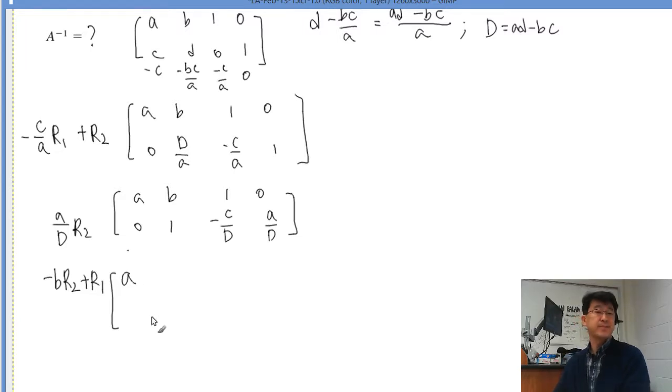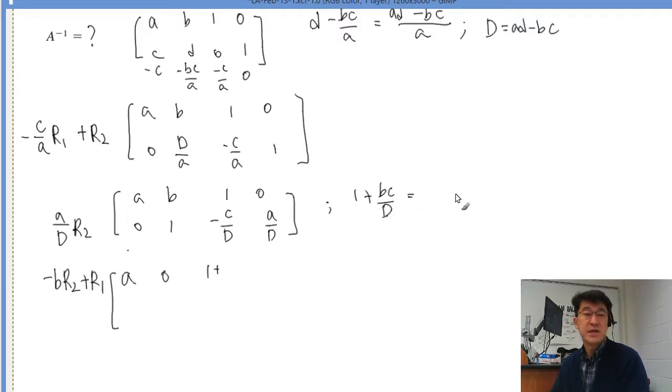A is there. A is the same, correct? And this is going to be 0. So if you multiply that, I see the BC, negative B. Yes, negative BC, the positive BC is all right. So 1 plus positive BC. Let me work on it here. 1, if you multiply negative B, it's a plus BC over D. That's this part there.